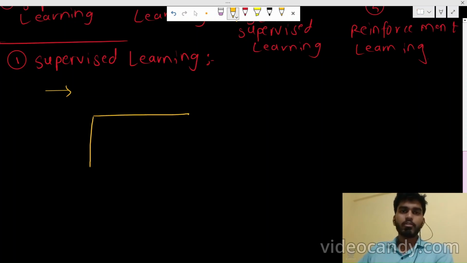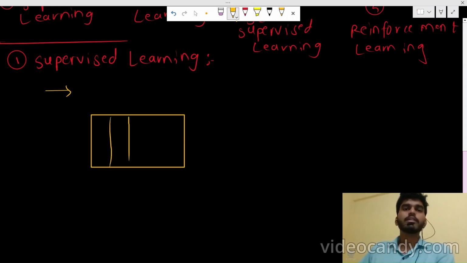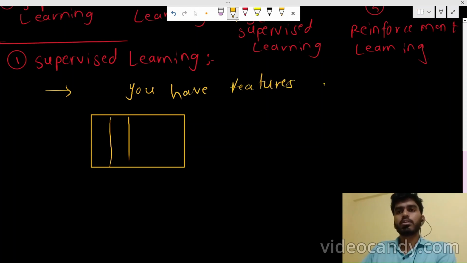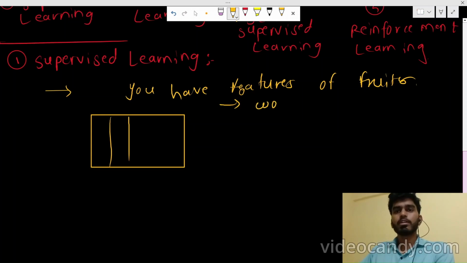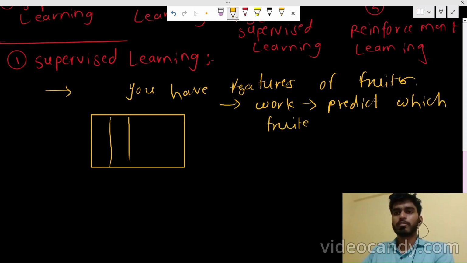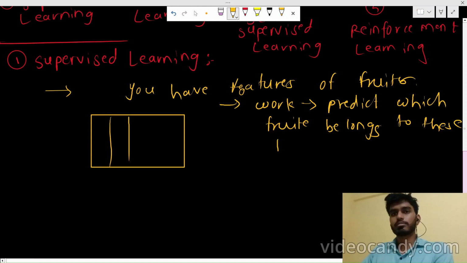Let's say you have this data. Let's take one example of fruit classification. You have features of fruits, and your work is to predict which fruit belongs to these input features.